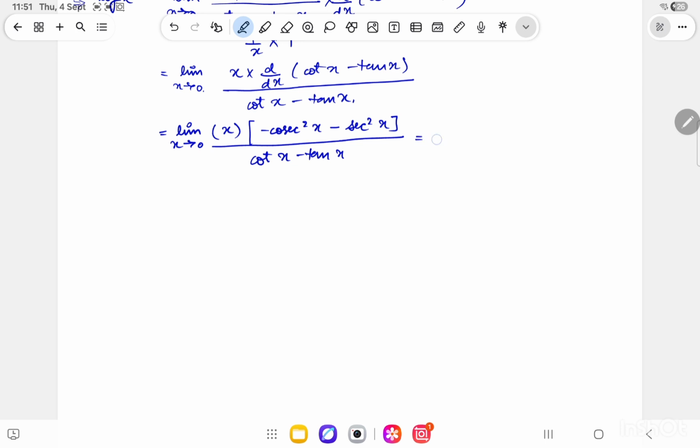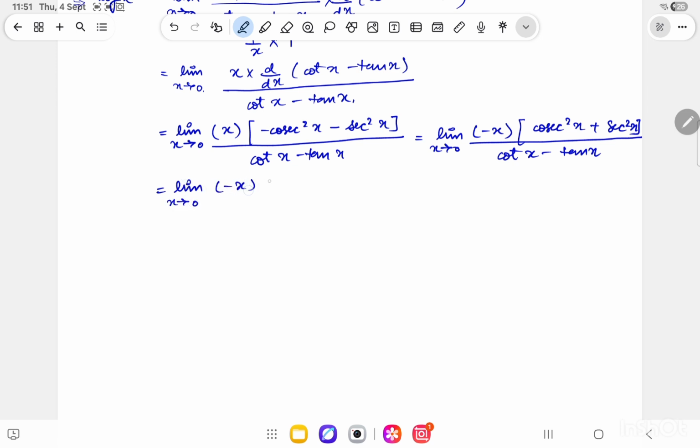I can take minus outside, so this limit is equal to the limit as x approaches 0 of minus x into (cosec square x plus sec square x) divided by (cot x minus tan x). I'm converting cosec x and sec x into sine and cos form to simplify it a bit.